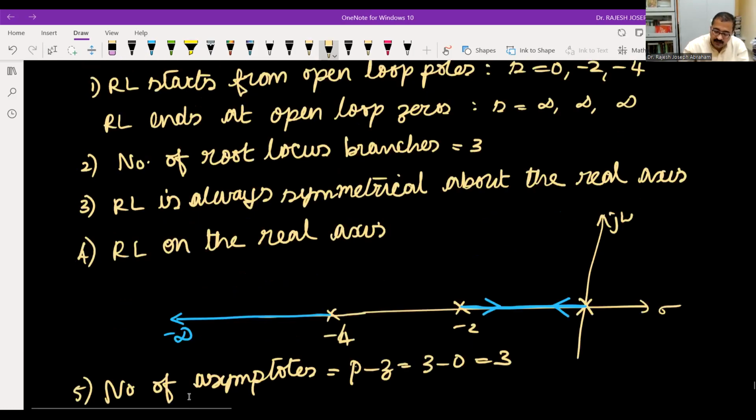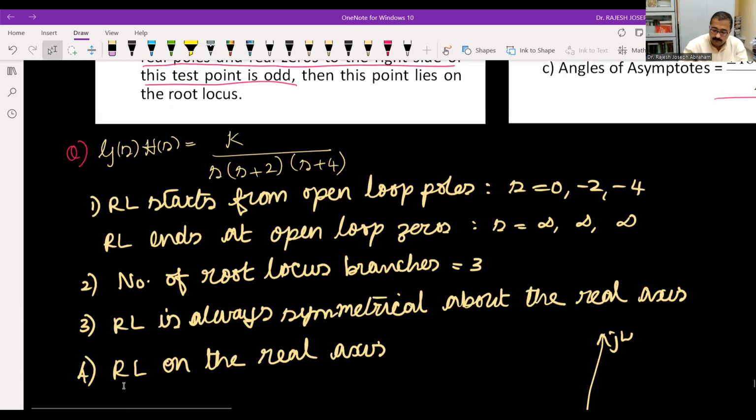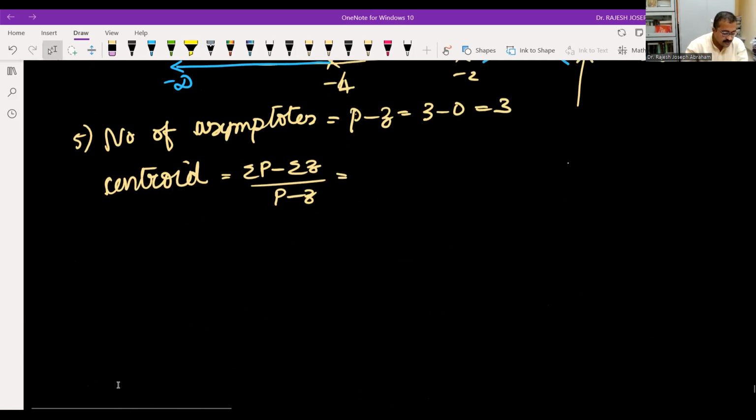On the x-axis, the y quantity is 0, so we need to find the centroid abscissa. What is sigma p? You add 0, minus 2, minus 4, so minus 6. Minus 6 divided by 3 means minus 2.